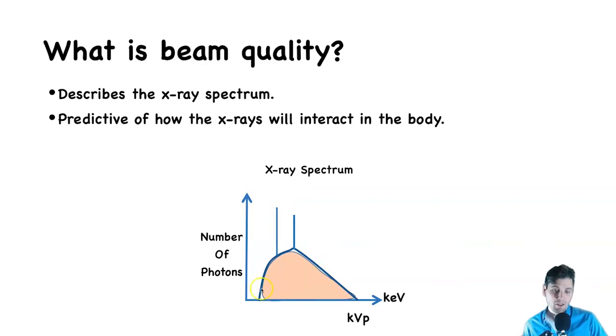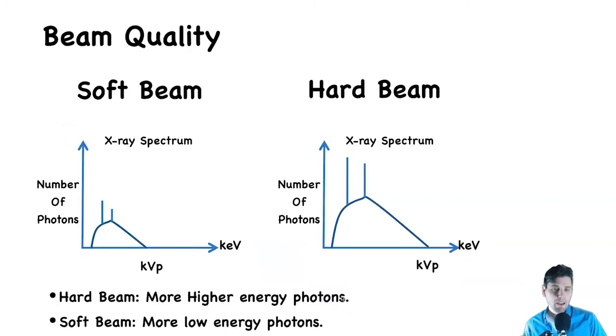Again, like I said, area under the curve here, a lot of times we'll talk about, that's essentially how many photons you have to make your image. So if we talk about it, a lot of times the terminology soft beam and harder beam are used, and those simply mean a soft beam has lower energy photons and a hard beam has more higher energy photons.